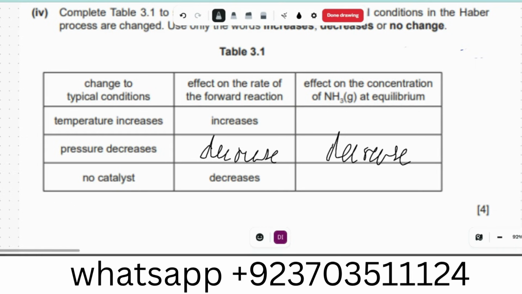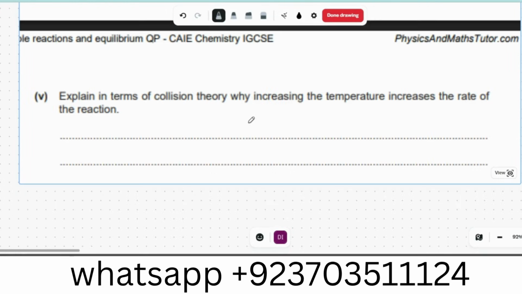Temperature increases, that will decrease the NH3 because it's an exothermic reaction. And no catalyst, it will also, catalyst will only affect the rate of reaction, not concentration, so no change. So that is quite simple.